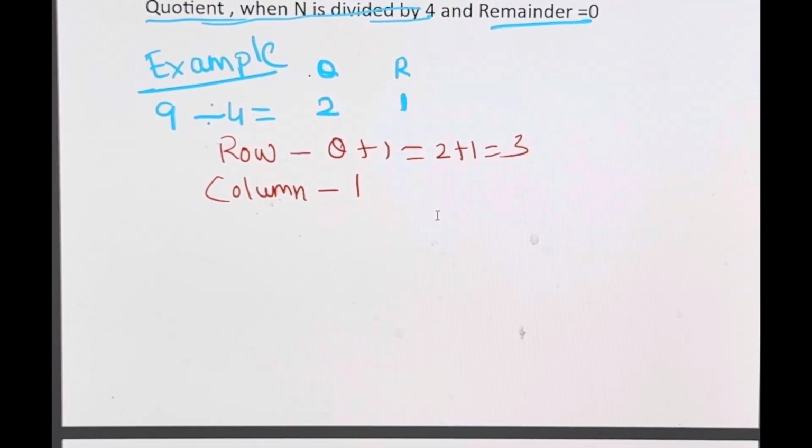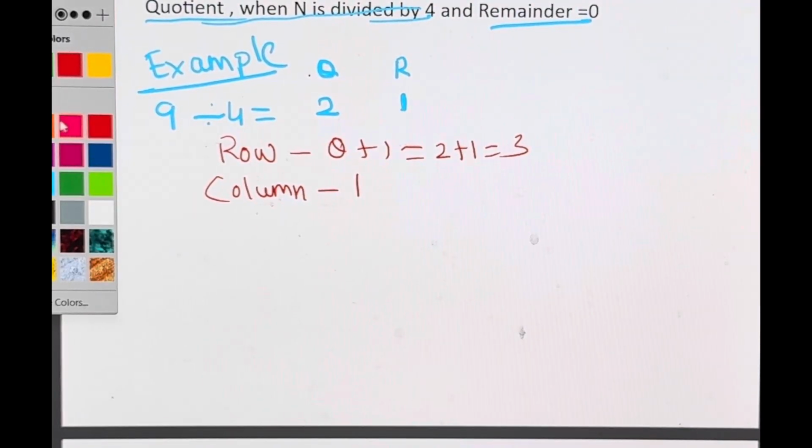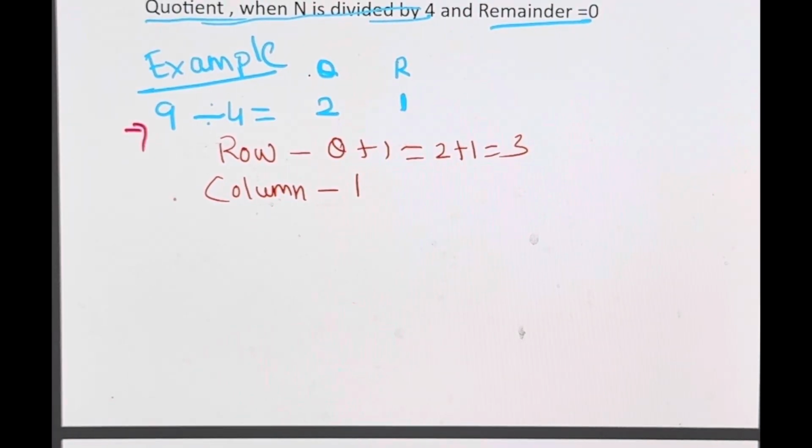Now we'll take all types of examples of each row. Let us take another number, suppose 6. Now 6 is divided by 4. The quotient is 1 and the remainder is 2.